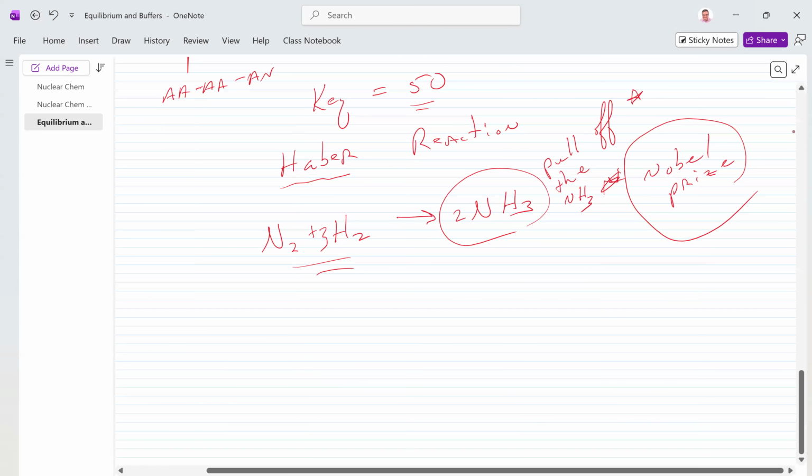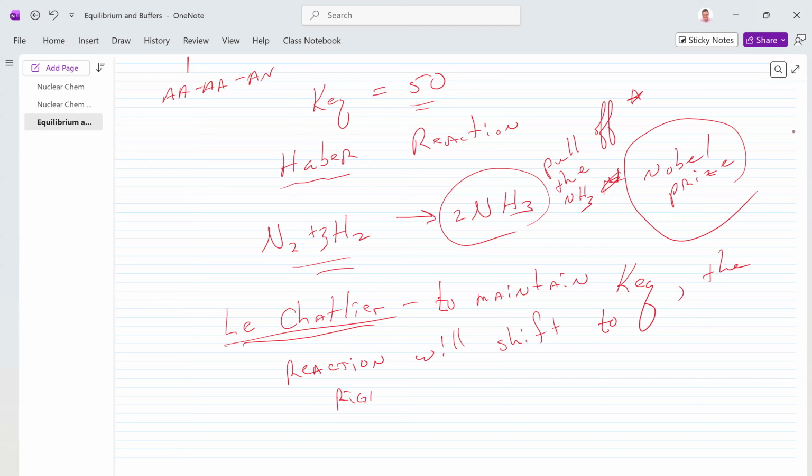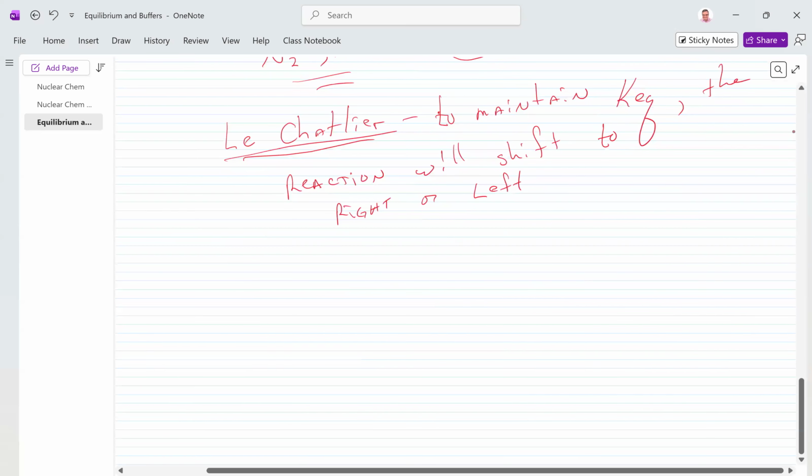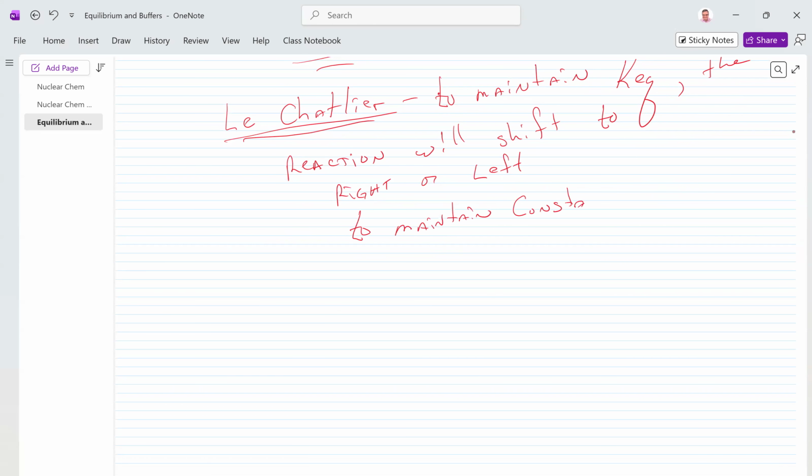So Le Chatelier, what he does is, to maintain the equilibrium constant, will shift to the right or left to maintain that constant.